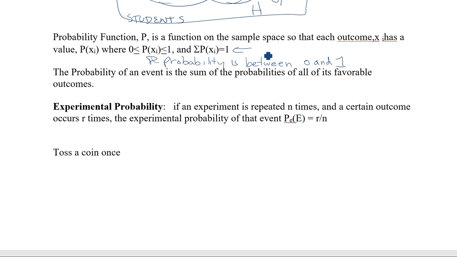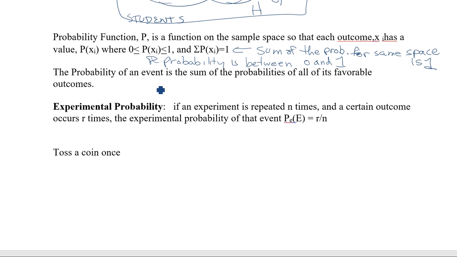And this part tells me that the sum of the probabilities for a sample space is 1. So your probabilities total to 1, and any individual probability will be a number between 0 and 1.